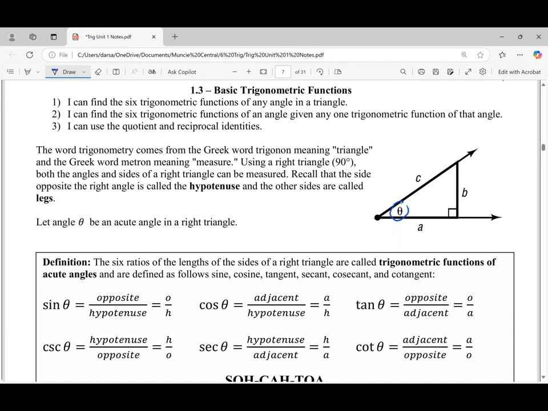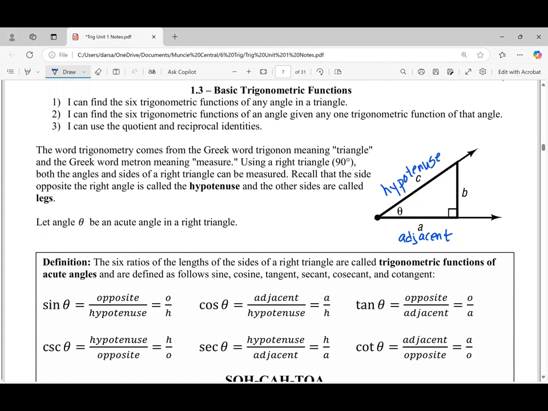When we look at theta here, the side that is touching the angle theta but is not the hypotenuse, in this case the side A, because angle theta is made of these two sides and the second side is not the hypotenuse, this side is what we call the adjacent side. Adjacent means next to. So this is the side that is next to the angle theta we're interested in that is not the hypotenuse.